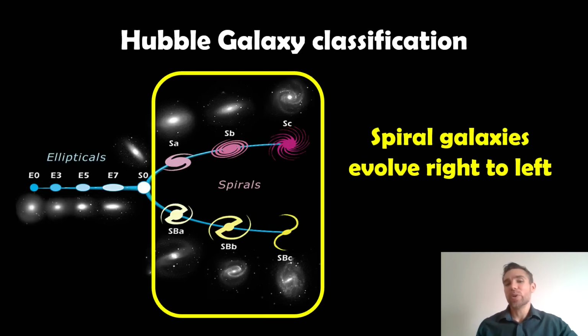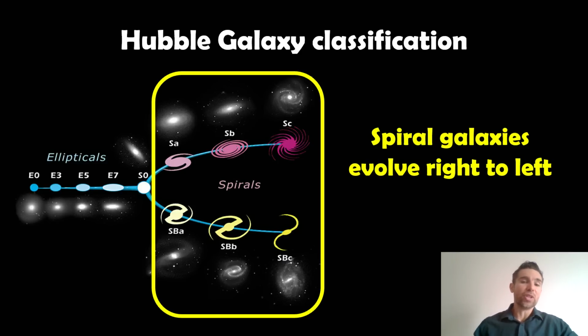It might be intuitive that they go the opposite way, but they do go from right to left. And what happens is those spiral arms get more tightly wound as they age, as they evolve. They lose their gas, their star formation rates decrease, so they move across and the spiral arms get more tight, basically.